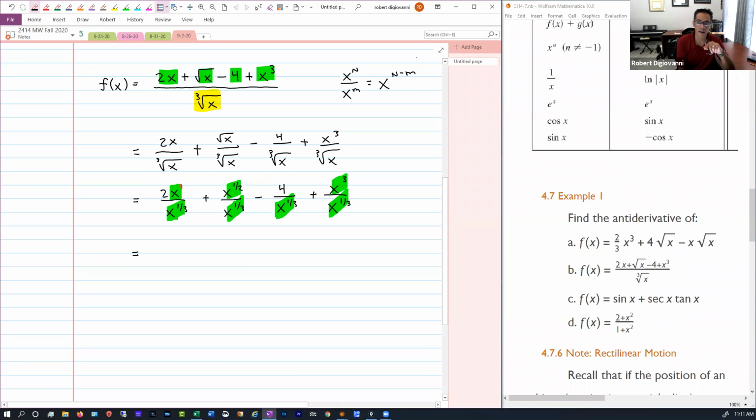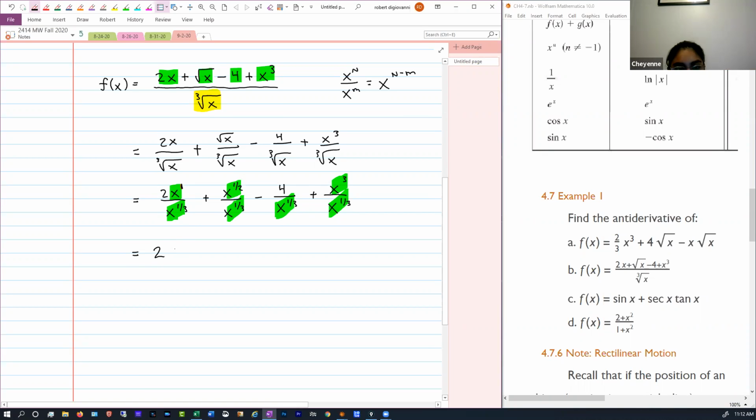You take the n and subtract the m. That's an exponent property from college algebra. So when I look at this expression here, I'm going to have 2, and then let's see, Cheyenne, what would I get? I'm going to have x to the first over x to the 1/3.